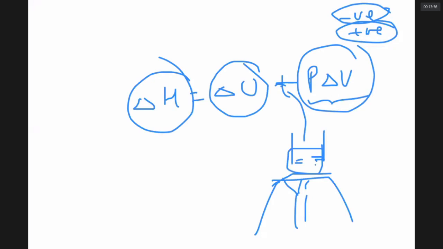Now, you have increased the internal energy by heating and also you started doing work on it. So its delta H value will be too much. It will explode. Try to compress your cylinder and heat from the bottom. What happens to your cylinder? Blast off.